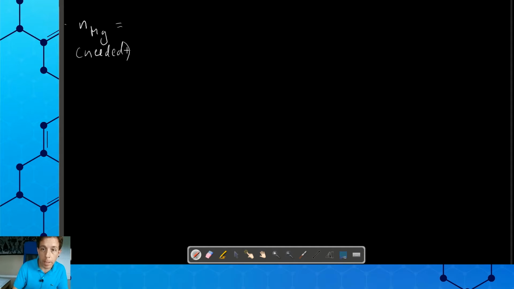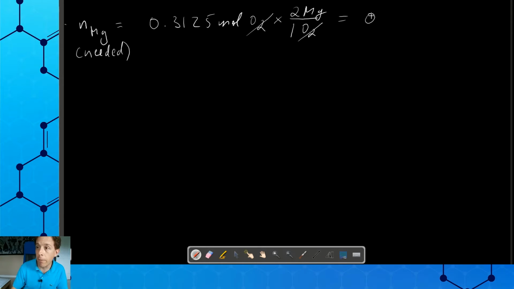Sometimes good to write that in the little note below it so that you know which one you're calculating here. So we start off with 0.3125 moles of oxygen that are available times, and now we again use the stoichiometric coefficient, which is 2 magnesium for every 1 oxygen. And so the oxygen now cancels out, and we're left with 0.625 moles of magnesium.